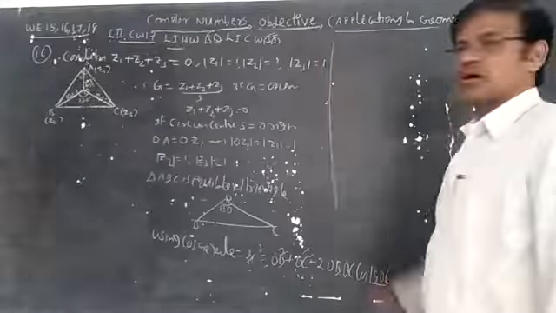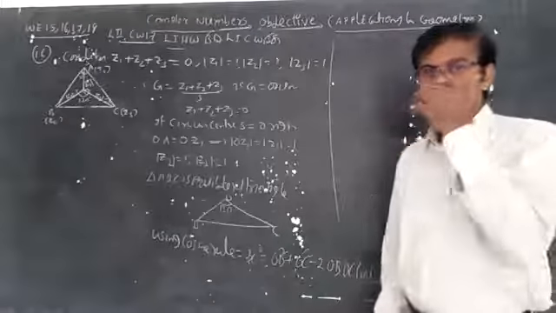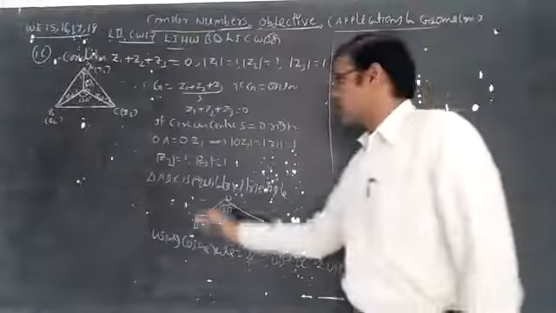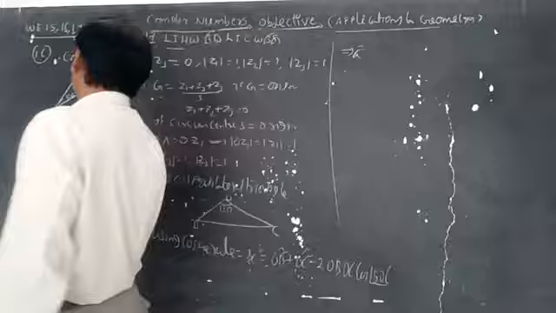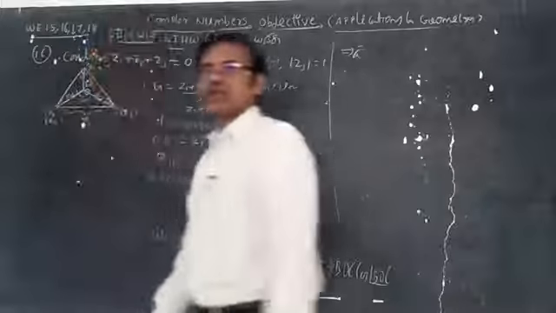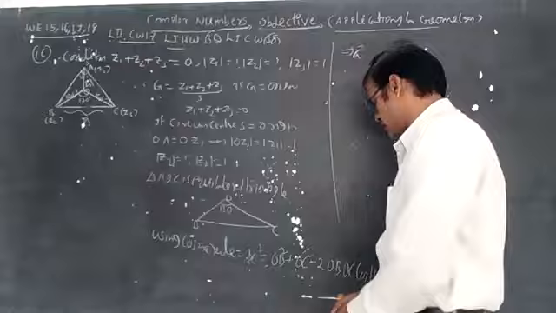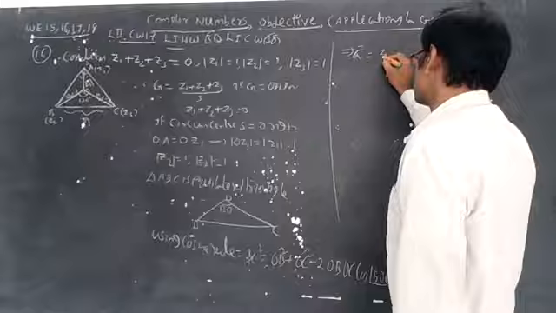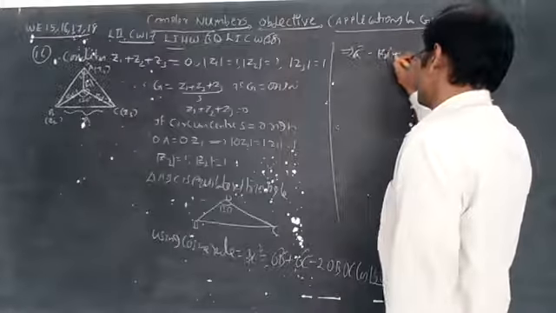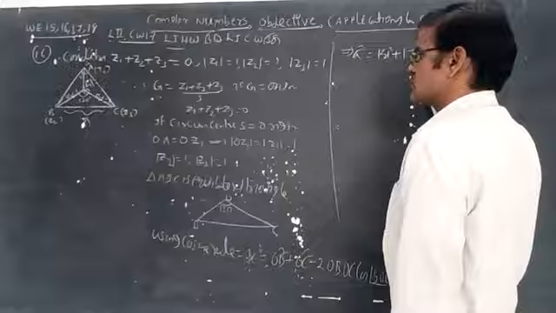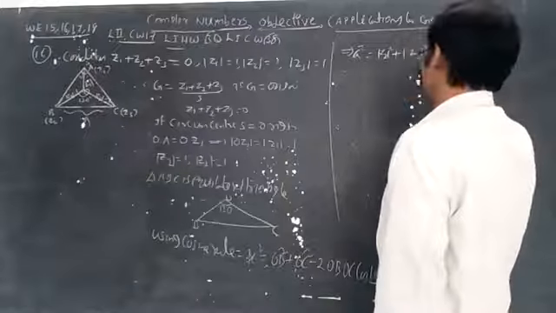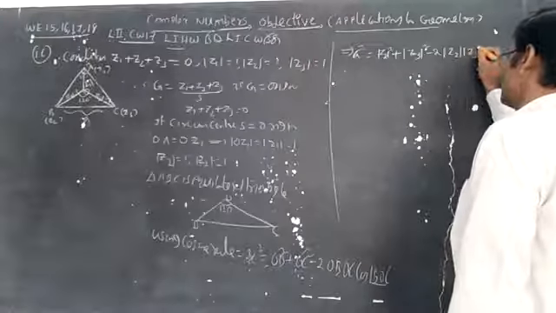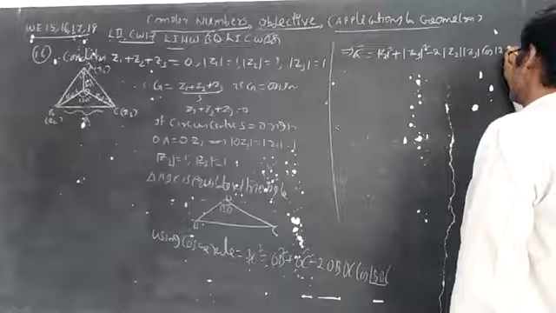Using the formula a square is equal to b square plus c square minus 2bc cos A, the opposite side is nothing but small a, that is modulus of Z2 minus Z3, the distance between 2 points. So a square is equal to modulus of Z2 whole square plus modulus of Z3 whole square minus 2 into modulus of Z2 into modulus of Z3 into cos 120 degrees.